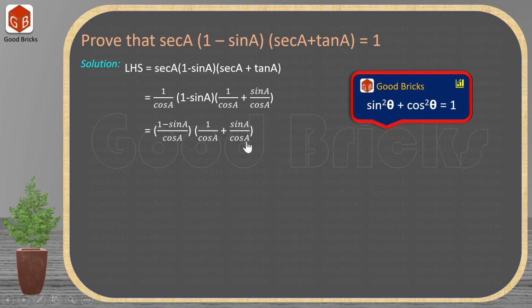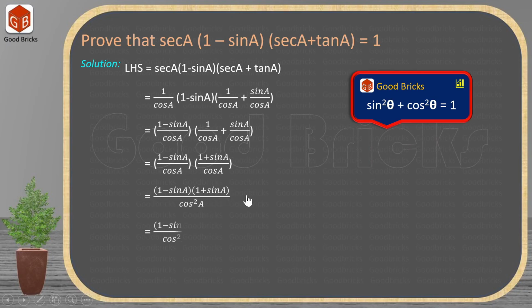Now, from this, if you take LCM cos A, you can express this as 1 plus sin A by cos A. Now, cos A into cos A, cos square A here in the denominator, and in the numerator 1 minus sin A into 1 plus sin A. And you know very well A plus B into A minus B is equal to A square minus B square.